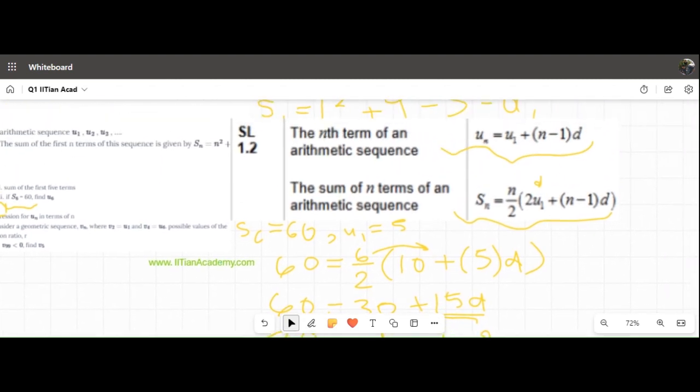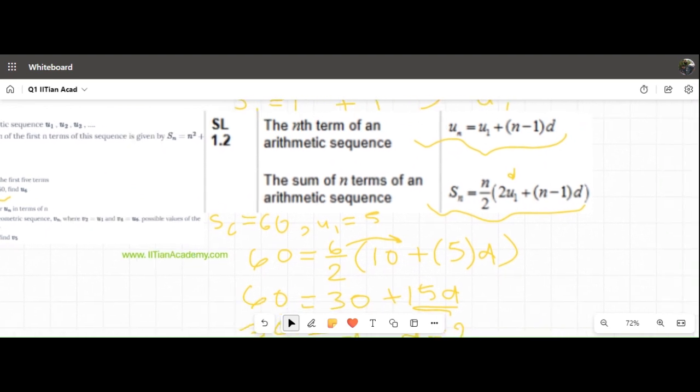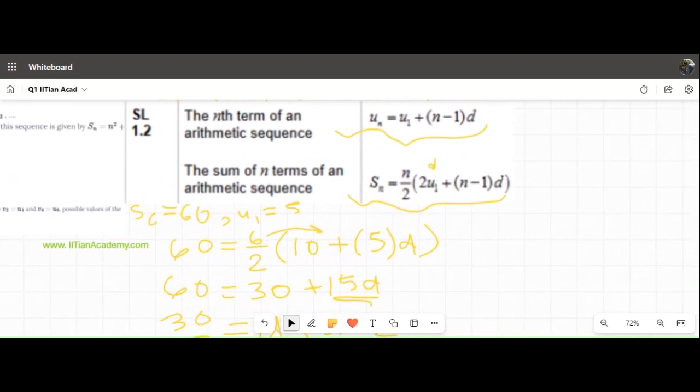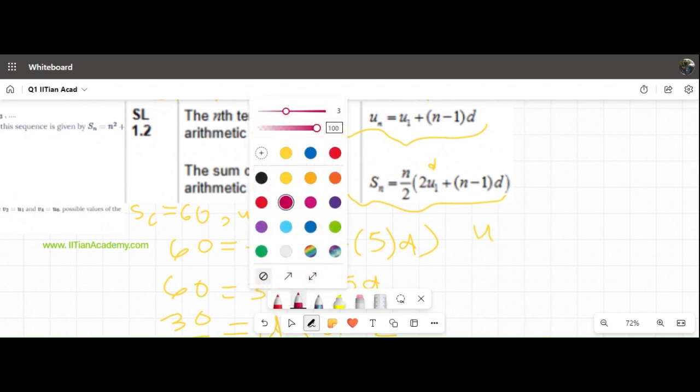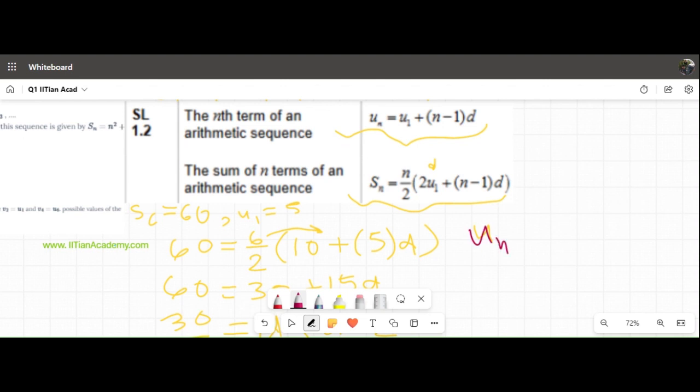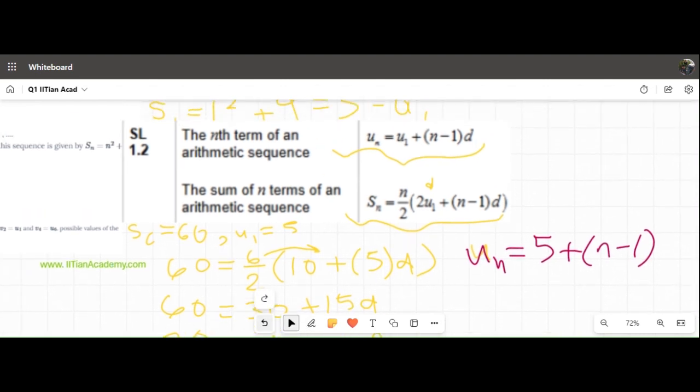Now that we know that d is equal to 2, we can use our general equation, our first equation. So we can say that un is equal to u1, which we recall is 5, plus n minus 1 times d, where d is equal to 2, as we just solved for.